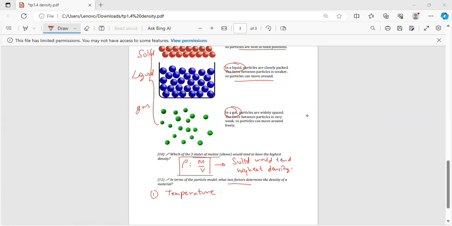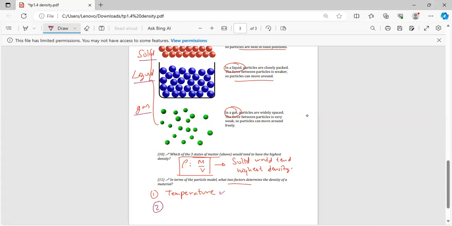So the first factor is temperature, because when you increase the temperature, the solid will change. For example, if you melt ice from solid ice into liquid water, the density will change, right? Okay, that's the first factor.